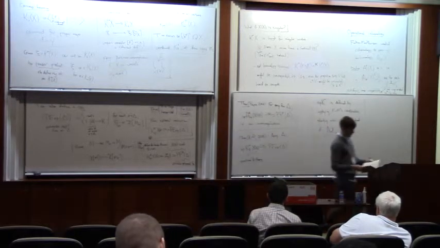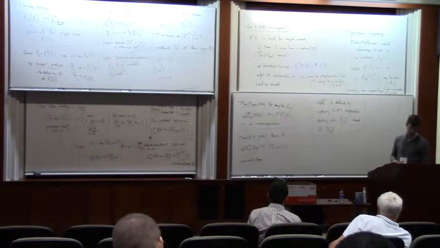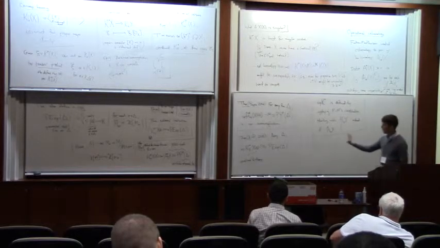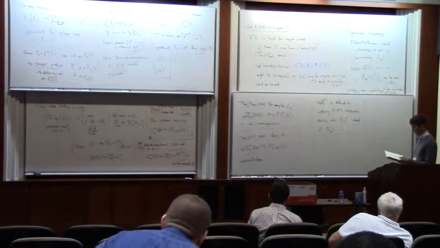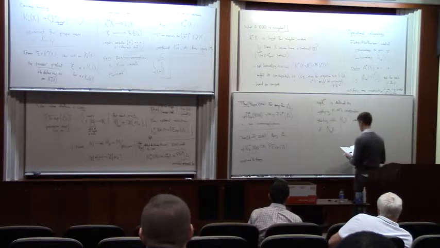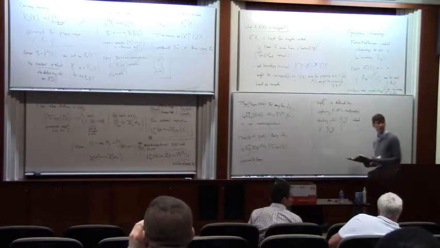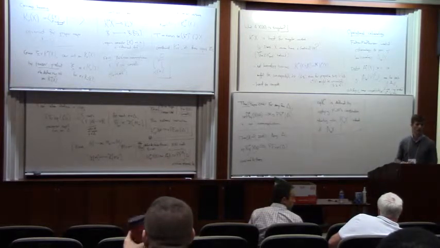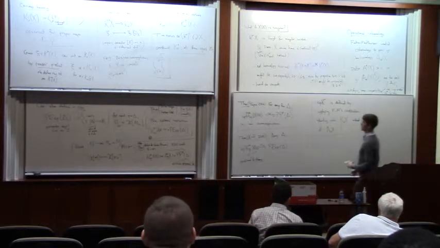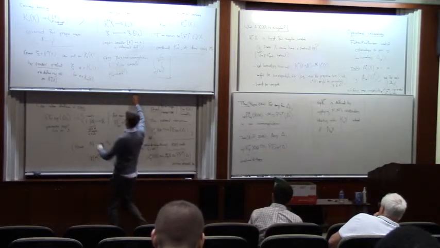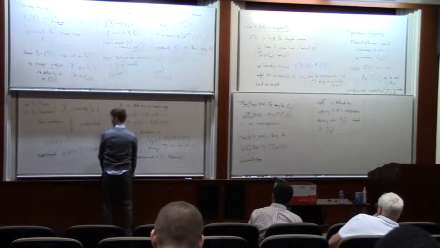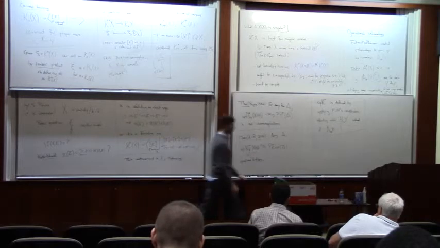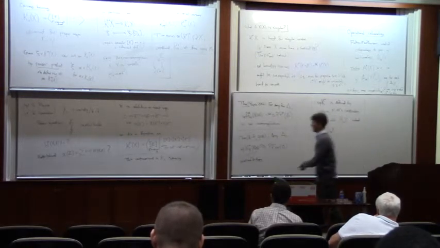I'll tell you about those next time, but I want to tell you now something about how to think about this stuff, and how to see that it's actually tractable. So that was the first theorem I wanted to write down.